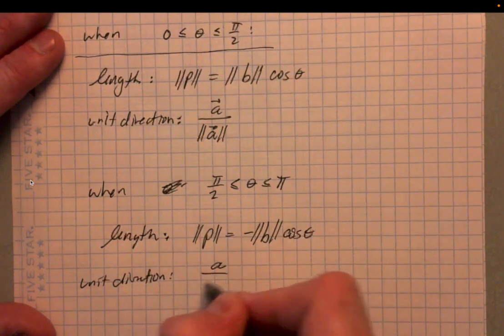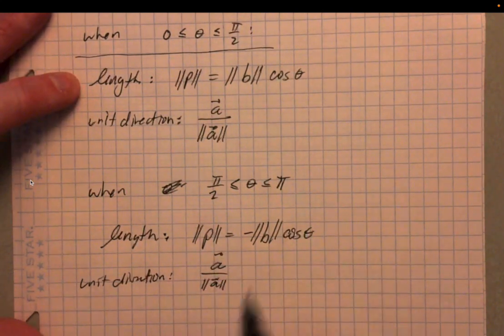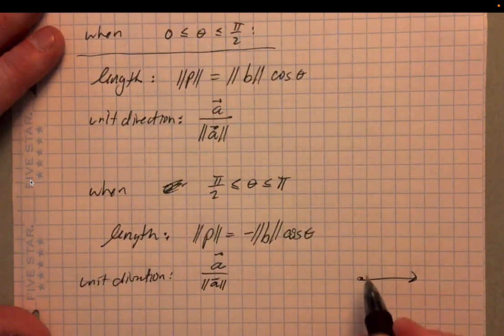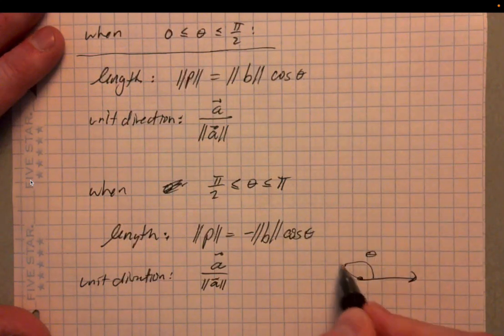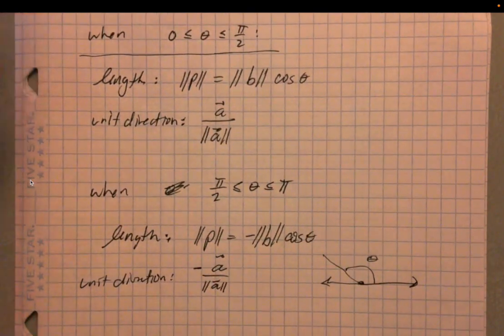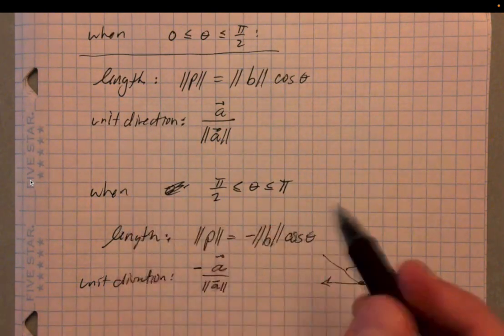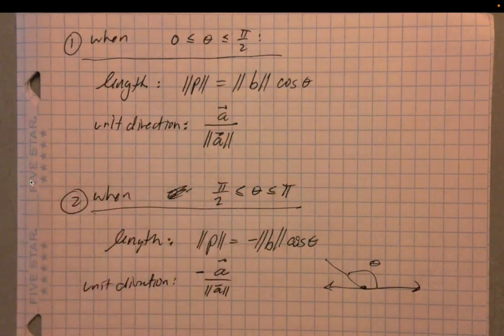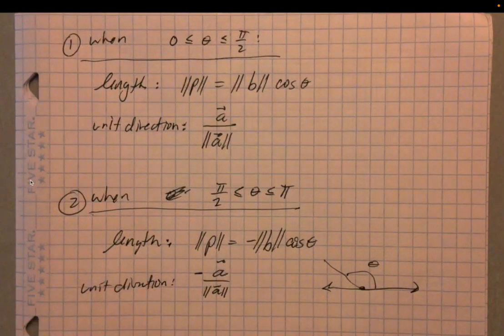Well, you can still use A. But if A is going this way, and theta is an obtuse angle, then P is going in the other direction. So you're going to need a negative sign on the front of the unit direction as well. And so given these two items, first this and secondarily this, we can express P as follows.